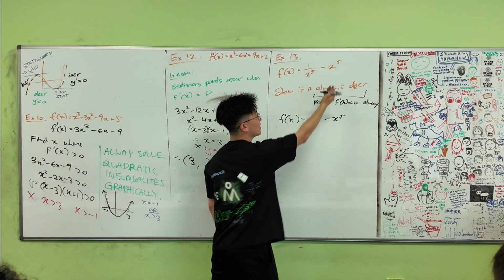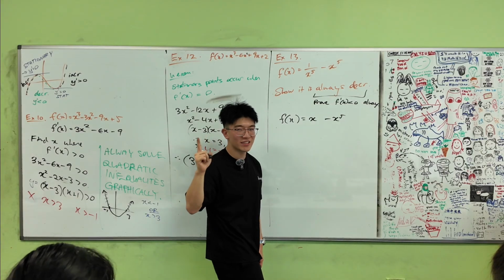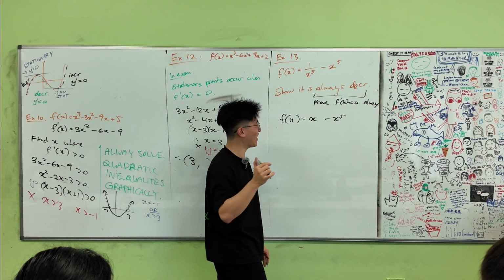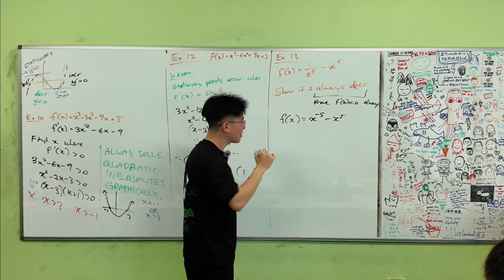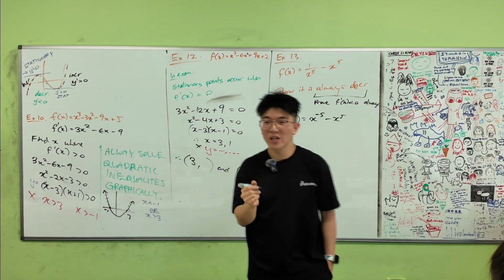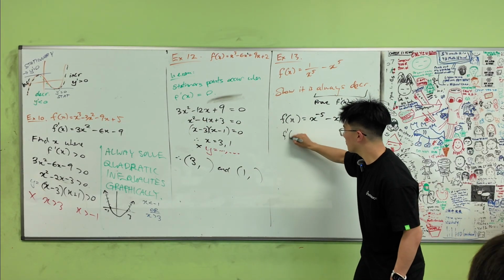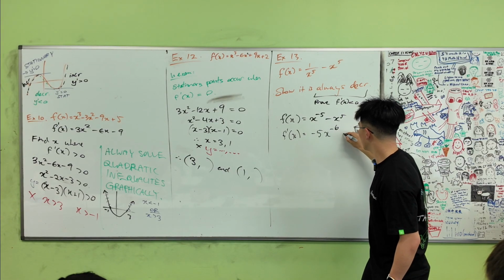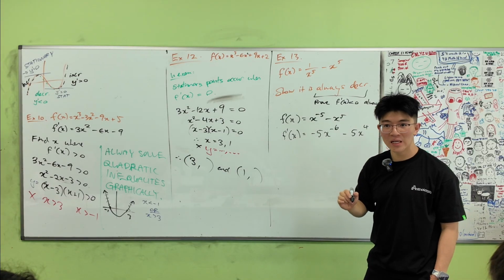Did you hear what she said? x to the 5, I can differentiate. 1 on x to the 5, I should rewrite as x to the -5, as Tanishi told us. Is that okay? Cool. So, differentiate this now. f dash would be, yep, good.